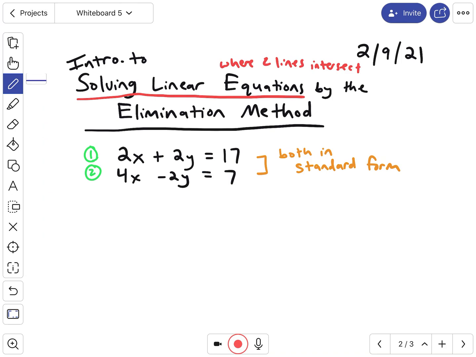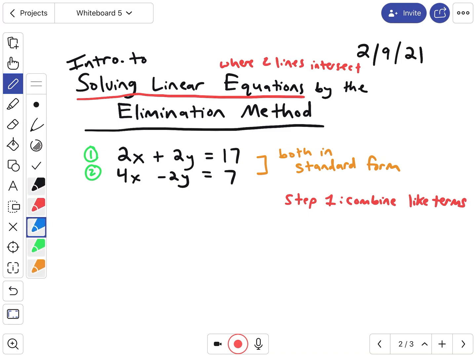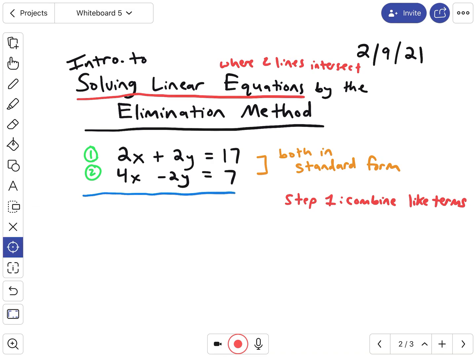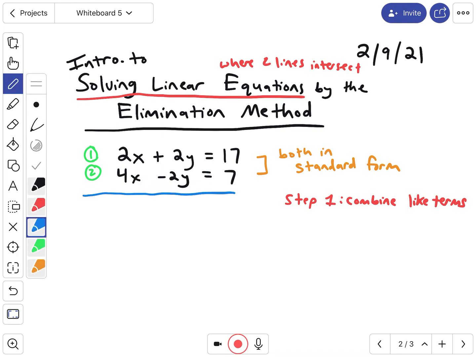Okay, so the first step, and I'm going to write it right here next, and this is the intro again, is combine like terms. It's so important, especially when you're looking at something for the first time, to write down these explanations here to know how you go from one step to the next.